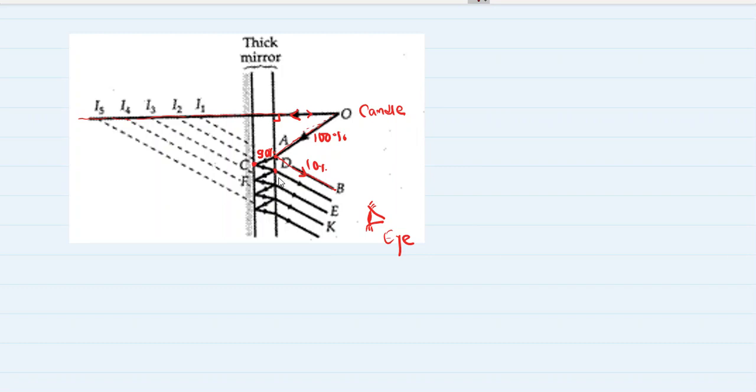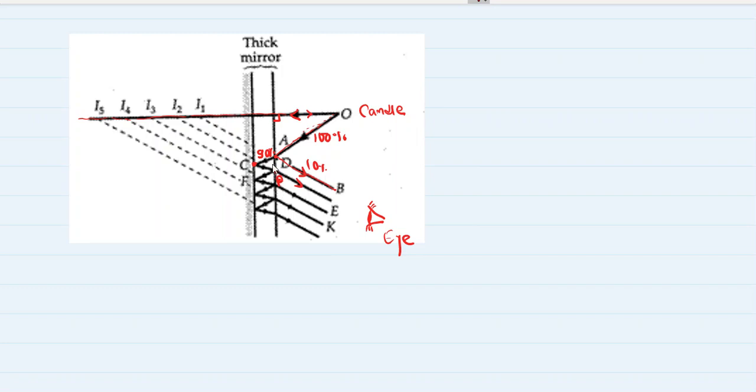There is no name for this point, I will name it as point P. It reaches point P and refracts back along the path PE.